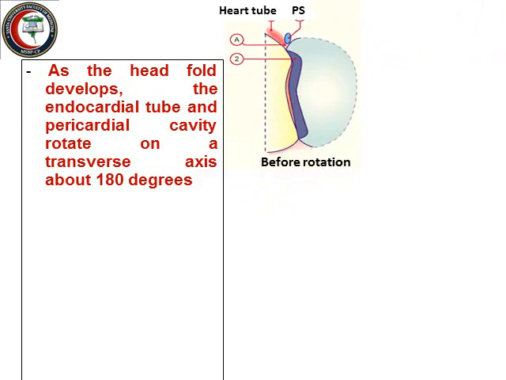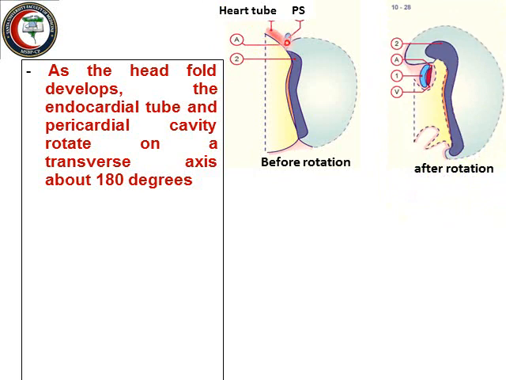This before rotation. Here you can see the heart tube and pericardial sac in the most cephalic part. But after rotation, here you can see the heart tube and pericardial sac rotate 180 degrees to lie in this cardiac swelling in the thorax.